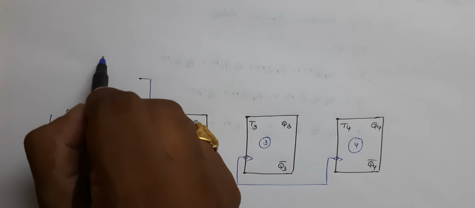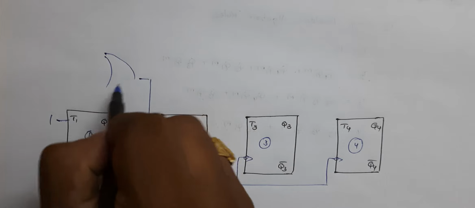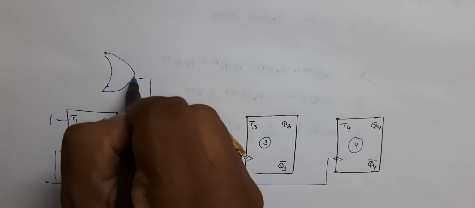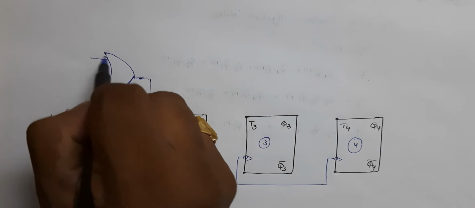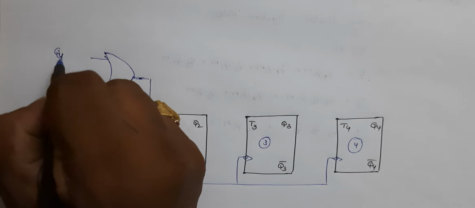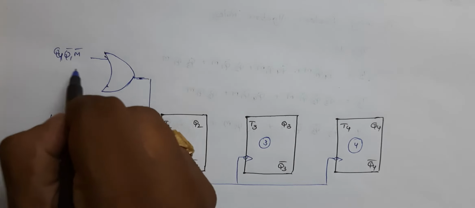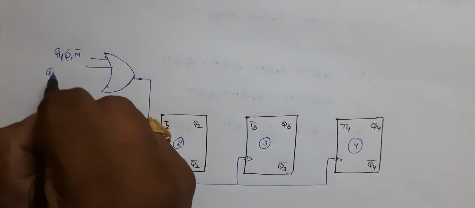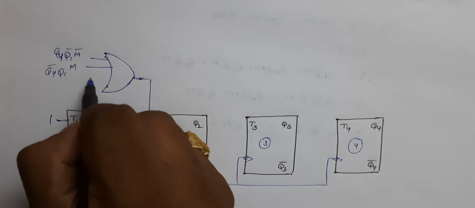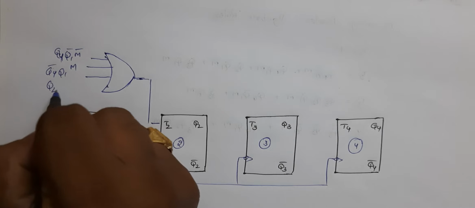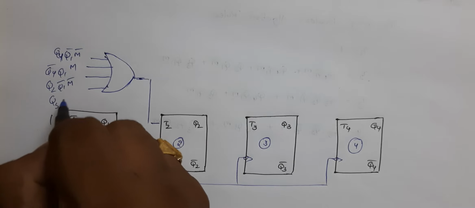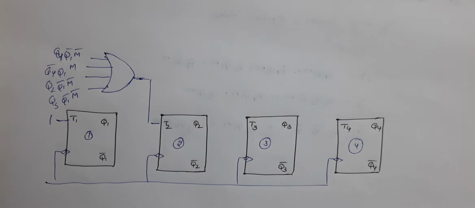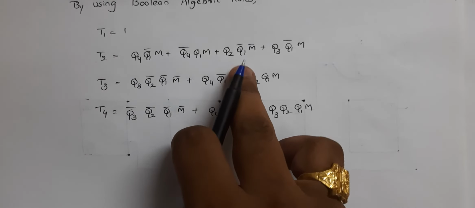See here, we are considering one OR gate whose inputs are Q4 Q1 bar M bar, another input Q4 bar Q1 M, another input Q2 Q1 bar M bar, and the fourth input Q3 Q1 bar M bar. Here we already obtained the expression.